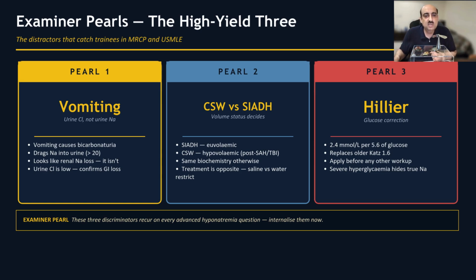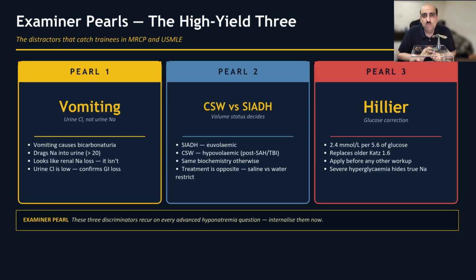And last but not the least is pearl number 3, the Hillier's correction for hyperglycemia. So the translocational hyponatremia or the dilutional hyponatremia needs to be excluded. How many times my residents call me from a surgical ward with hyponatremia, patient is totally well. When we just look at the investigation chart and electronic health records, the glucose is very high. When you correct it, it becomes relatively normal.